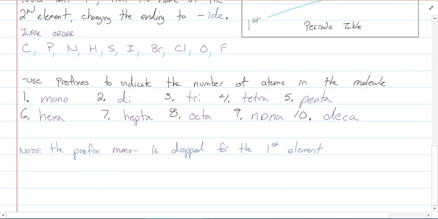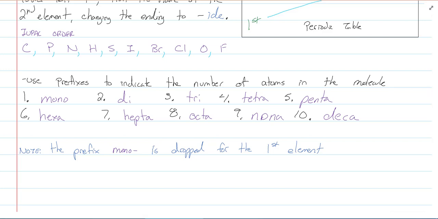Carbon dioxide, carbon monoxide. There's one carbon. Just like we say 3x, but we don't say 1x. Why? Because if I say x, you know there's 1x, or 1y, or 1z. So it's the same principle here with the mono.